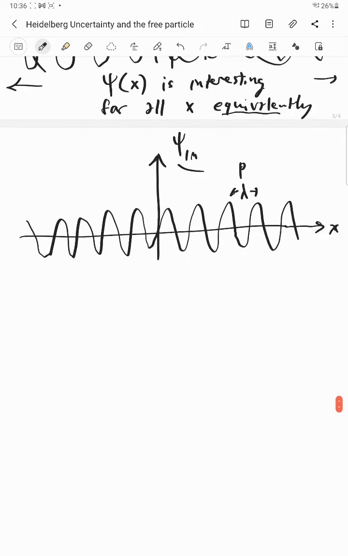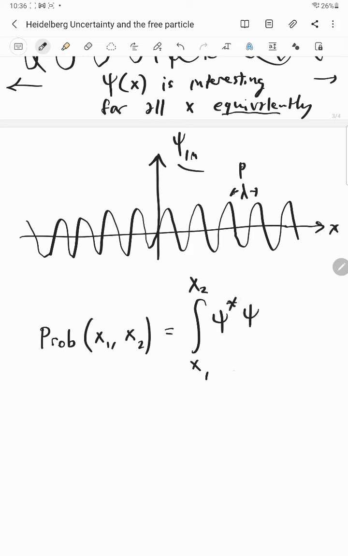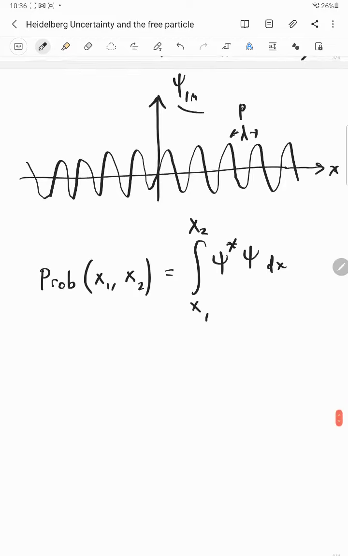And you can see this actually even further if you remember how to calculate probability. The probability of finding the particle between one place and another place, the way you do this is you integrate from one place to the other, psi star psi, right? This is how you do this probability.